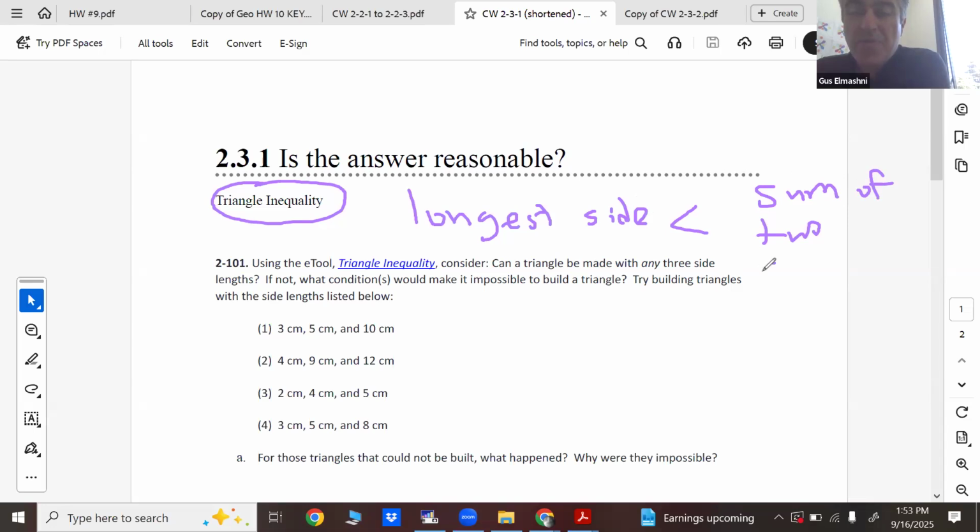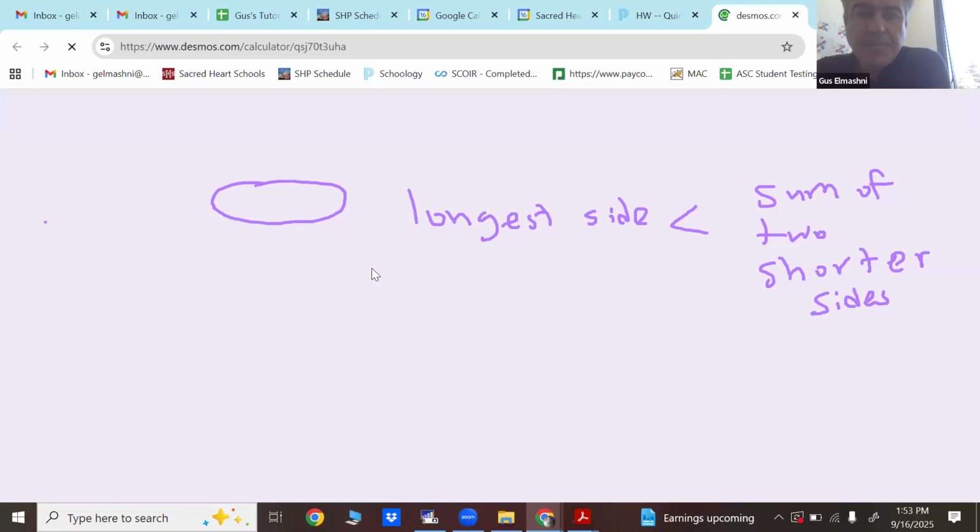Otherwise, the triangle is physically impossible, it'll be impossible to connect the sides. So the longest side's always going to be less than the sum of the two short sides. Let's look at this little demonstration so you can see for yourself.